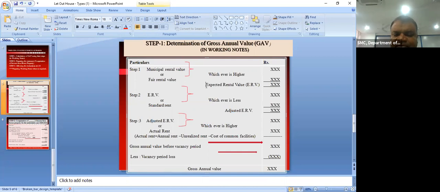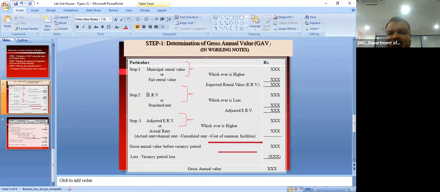The first step, you should take municipal rental value and fair rental value. In the sum, they will give you these two values. You should compare them, and whichever is higher, you call it the expected rental value. After step one, you are going to calculate the adjusted ERV, adjusted expected rental value.